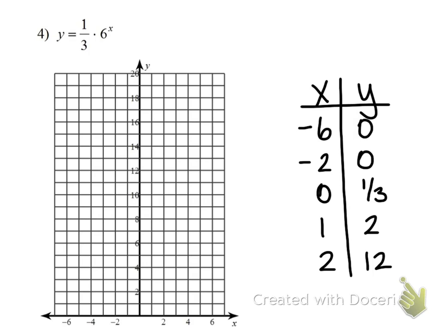So for these first 2 points, I put -6, 0 and -2, 0, but that's not actually the numbers that they have in the table. They have some really weird numbers that have a capital E in the middle of the number. That's the same as scientific notation on your calculator. So what that means is it's the number times 10 raised to that exponent, or that negative value at the very end.